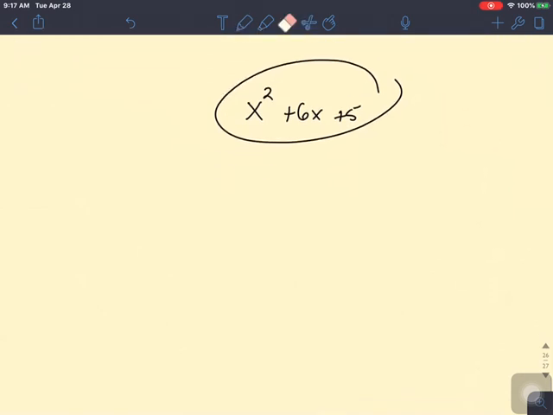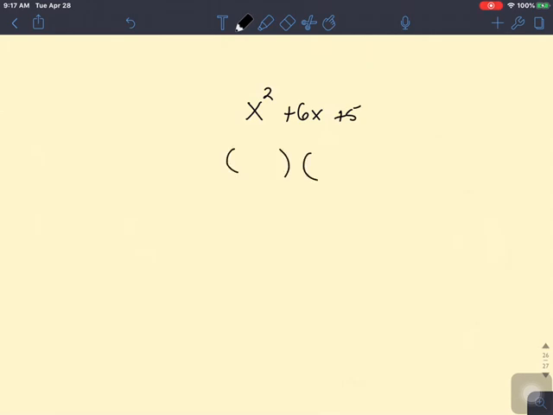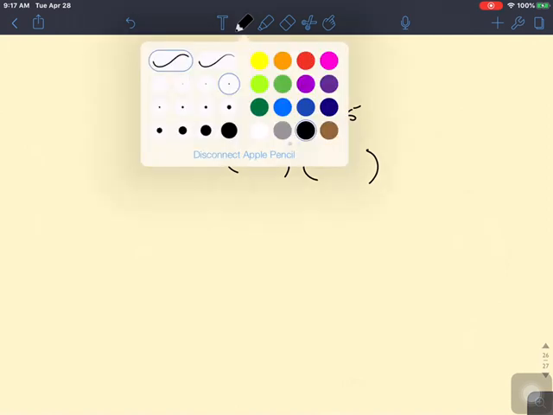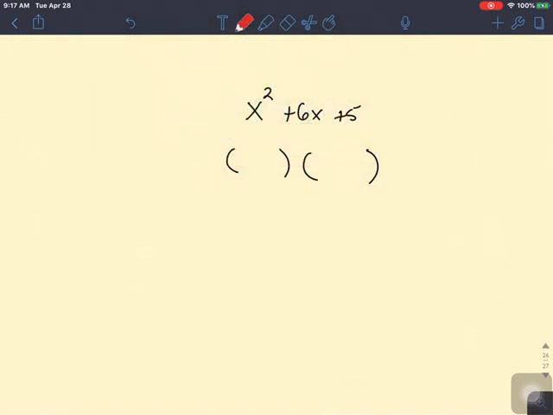And so I'm going to take you through a process here. The question is, what two binomials did we multiply together to get x squared plus 6x plus 5? There's a couple areas that I want us to focus on. Right now, we need to decide what the first term is, or the first number that goes in that spot in that binomial.